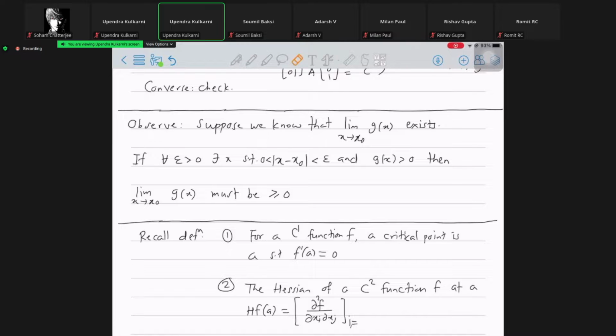So I have already taken a C2 function. So what do I know about this matrix? It's symmetric. Right? So this means that this is symmetric.